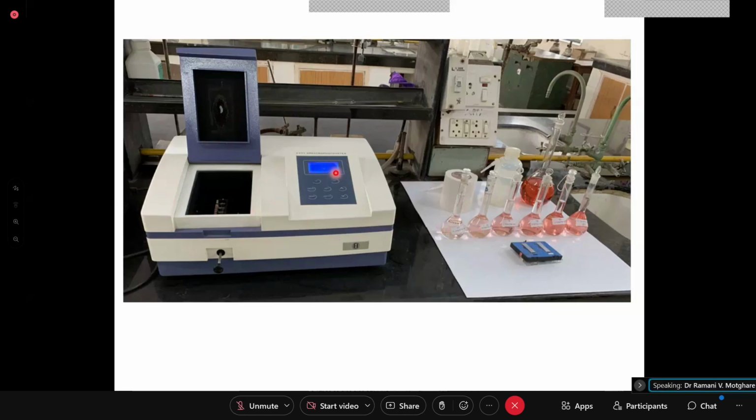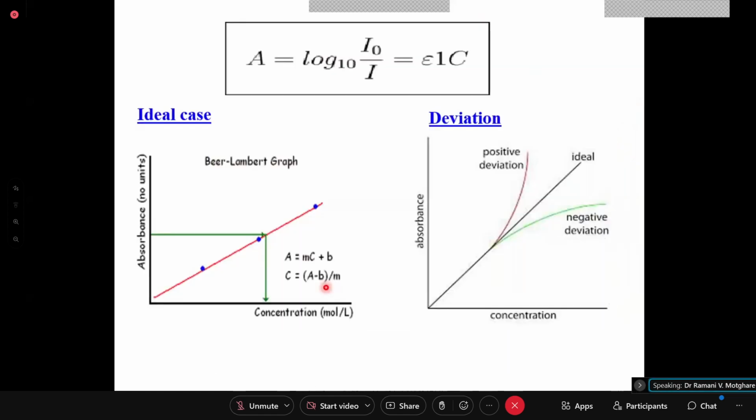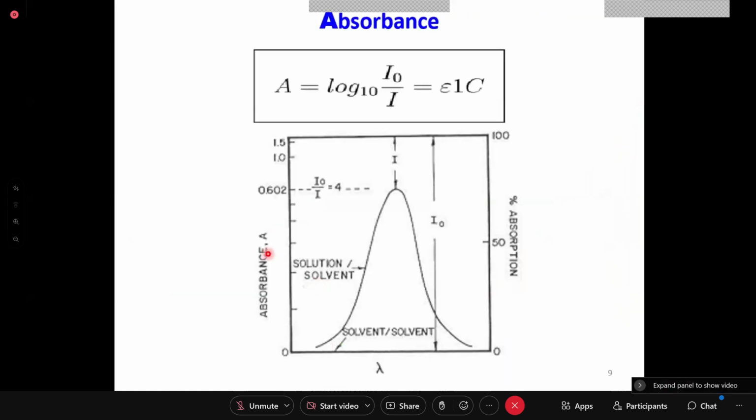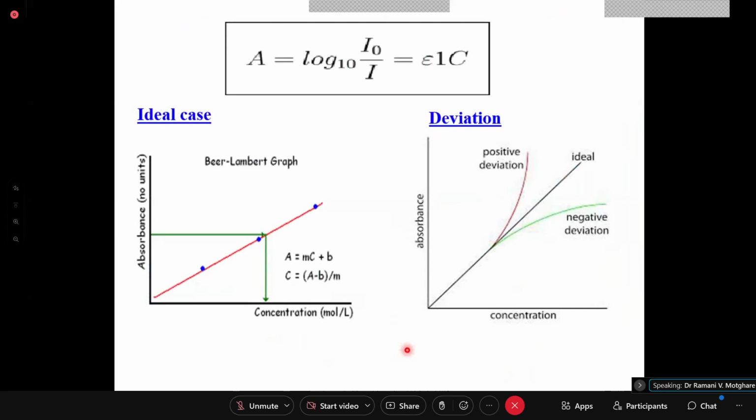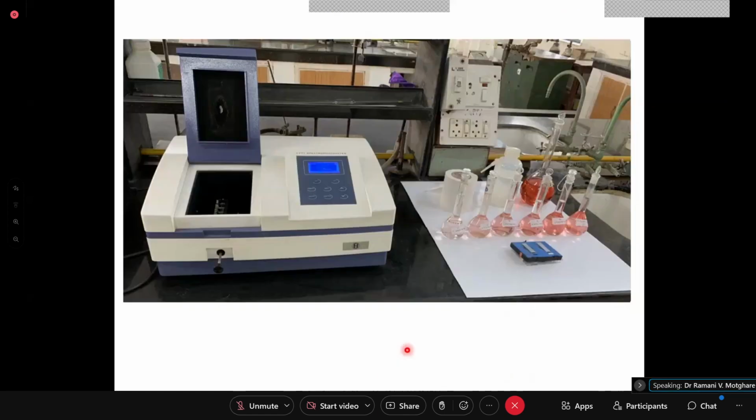Keep on changing the wavelength, 10 nanometers at a time, start from 400 or 430 nanometers and go on, and note down the absorbance. Once those values are there, you plot this type of curve, absorbance versus wavelength. Where you get the peak becomes the lambda max. So this is the first part of the experiment.